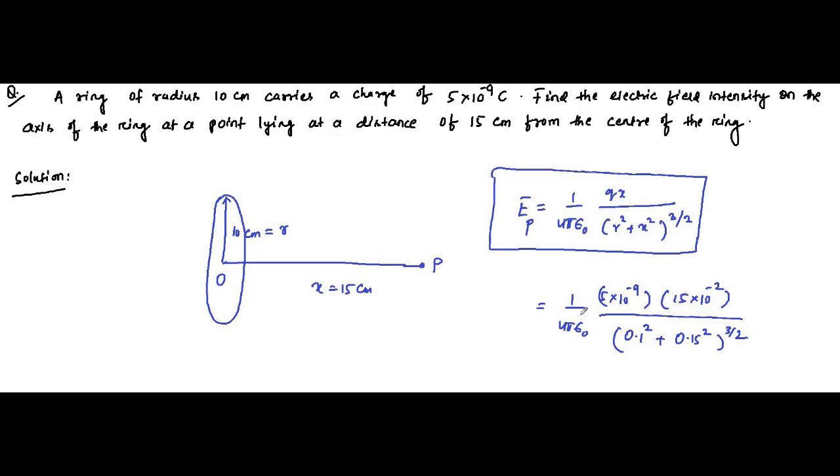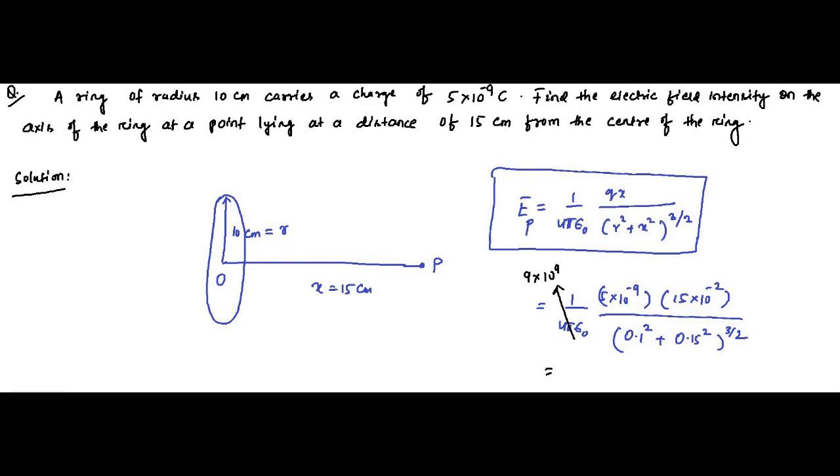1 by 4 pi epsilon 0 we can substitute with 9 into 10 to the power 9. So just put the values and get the result. If you remember this formula, great, but otherwise you would have to derive it.